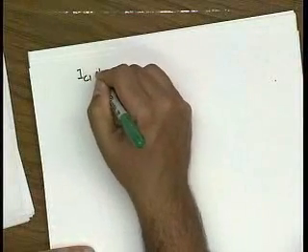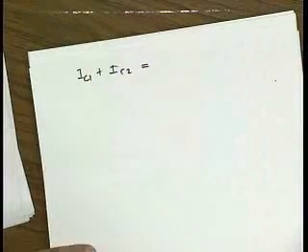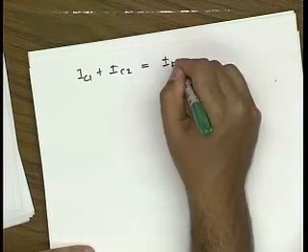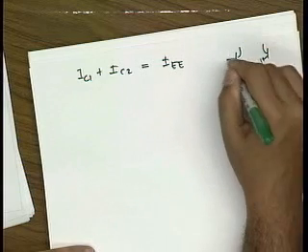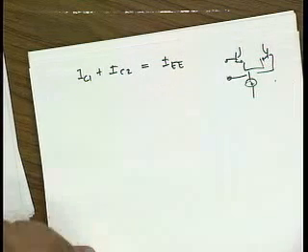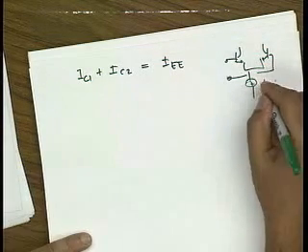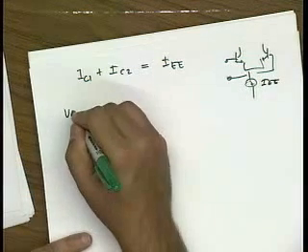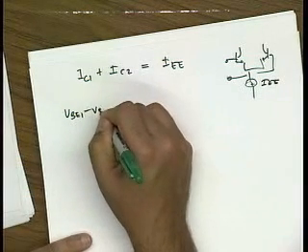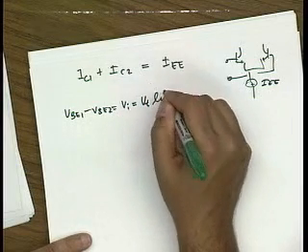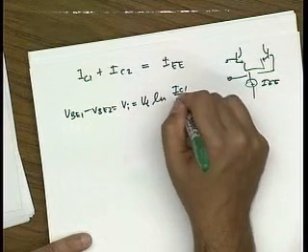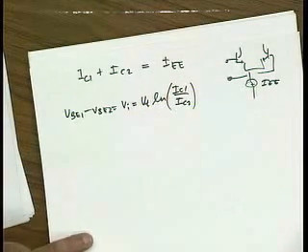You would say, okay, I know that the sum of the collector currents has to equal IEE for a diff pair. And the difference between the VBEs, which is the input signal, has to be a log of IC1 over IC2.